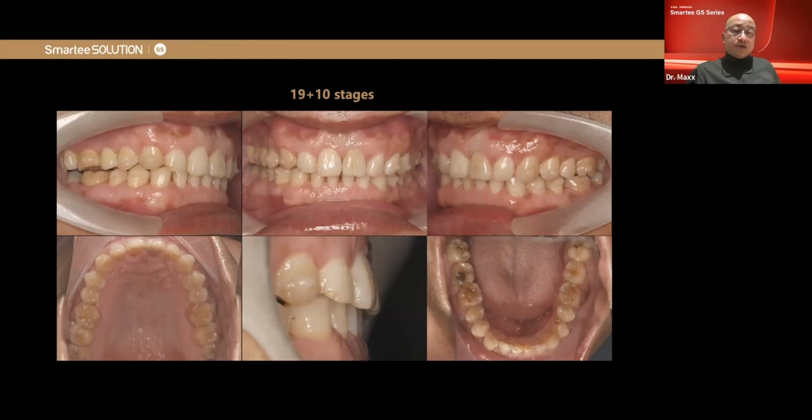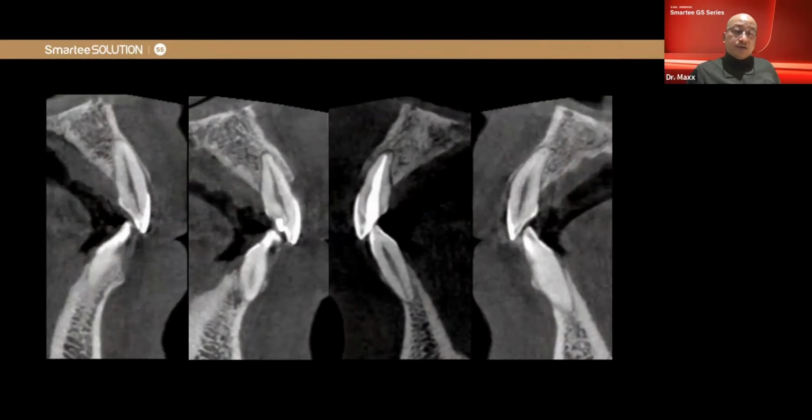So what about the mobility of the incisors? Is there still third degree? Look at the picture. This is stage 19 plus 10.